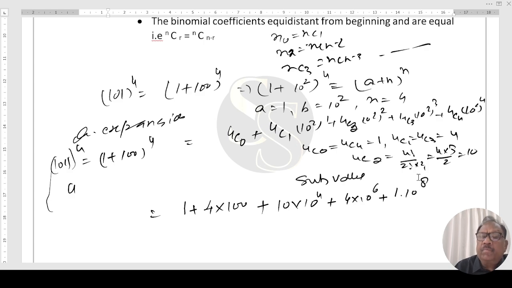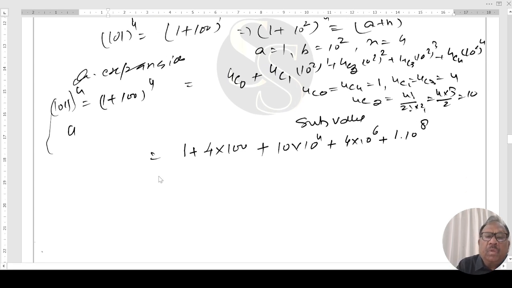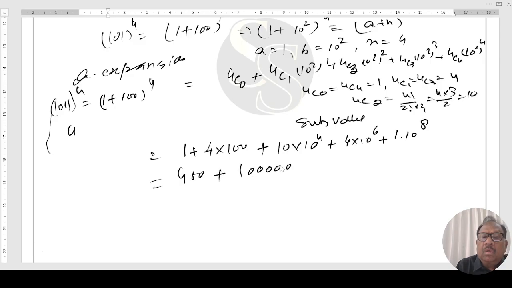10 raised to 8 means 400 plus 4 1 2 3 4 5 6 plus, right?